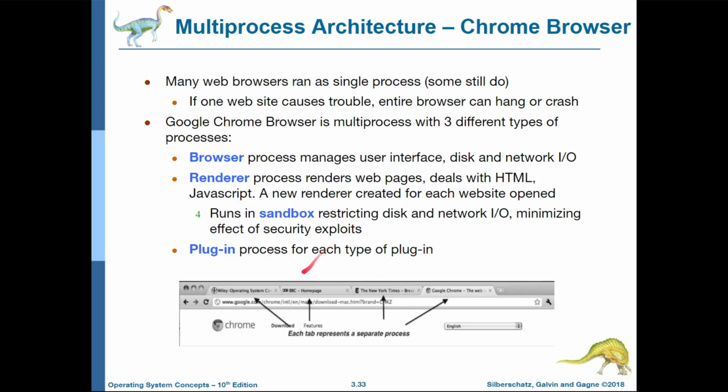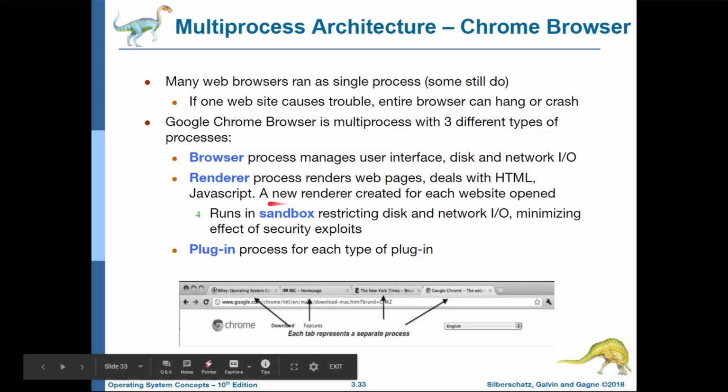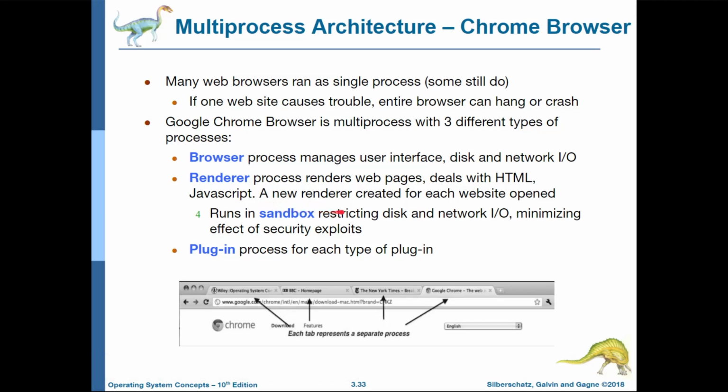You also have the renderer. The renderer processes are each tab. Each tab here represents a different URL, and that URL runs in a process sandbox, which restricts disk I/O and network I/O and tries to minimize the effects of security exploits.